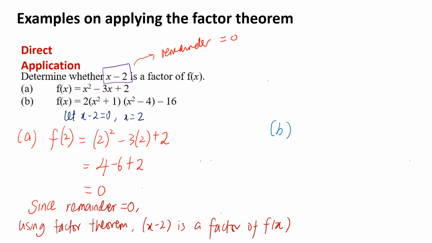All right, so I need to find f of 2, substituting into a second polynomial, which looks a little bit more complicated, but no worries. Just do it diligently. And you just use a calculator lah. This one you don't really have to trouble yourself.